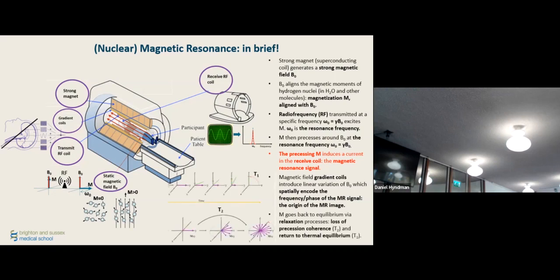So, we will not talk about relaxation much, but we have to remember that once the magnetization is away from equilibrium, at some point, following the second law of thermodynamics, it goes back to equilibrium via two different processes. One is an energy exchange, T1, and one is a dephasing or loss of coherence process called T2.